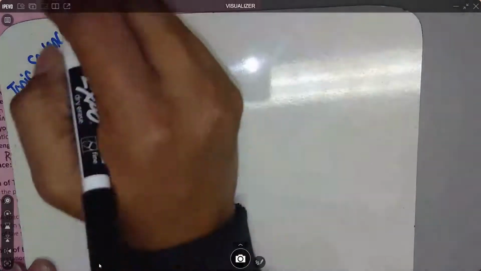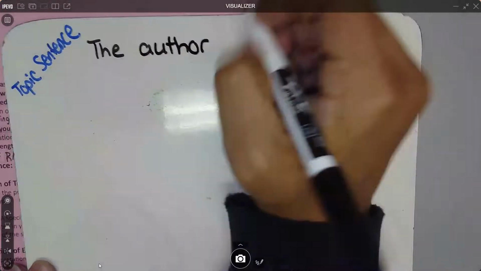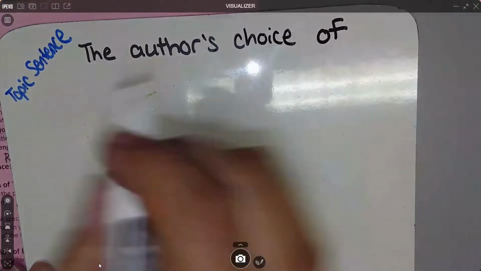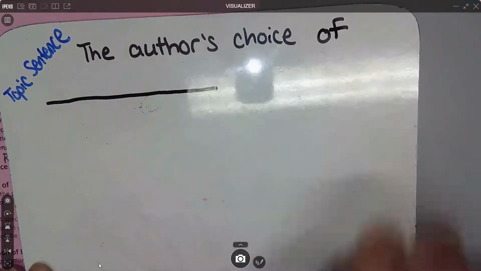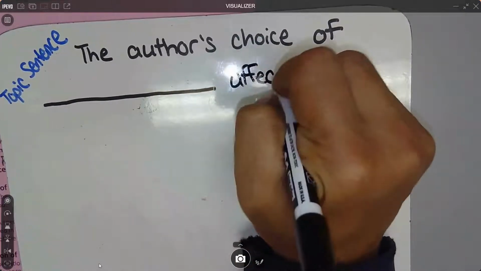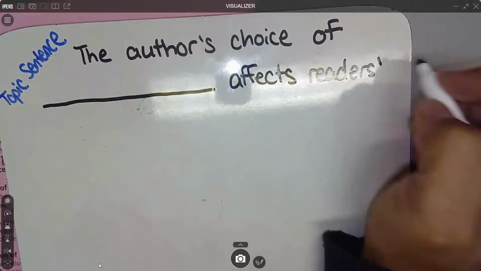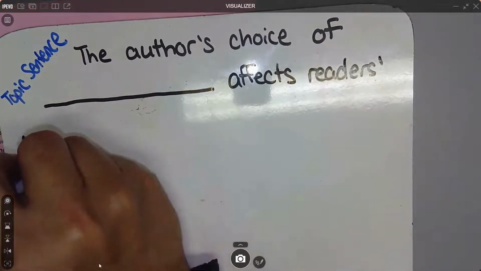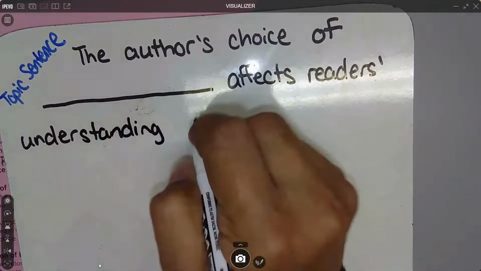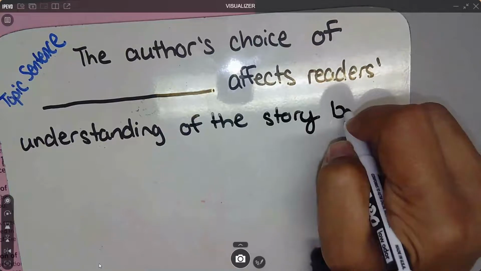So you're going to need to start off by saying the author's choice of, and then you should tell what type of point of view they're using, affects readers' understanding of the story by.